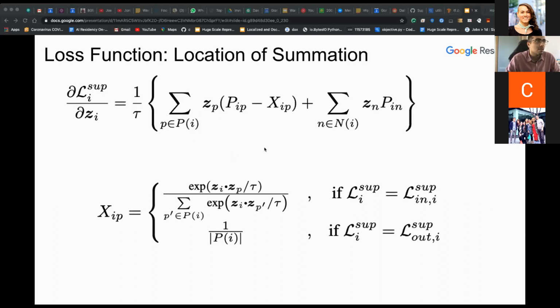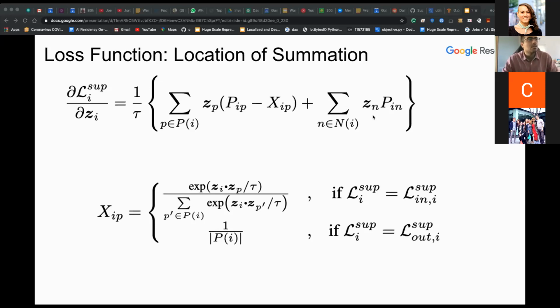One of the interesting observations that we have been able to make is that the gradient of the loss with respect to the embedding looks something like this. We have a 1 by tau term, which is weighing the representations coming from other samples. So it's weighing z of p, the representation corresponding to the positive, or z of n, the representation coming from the negative.